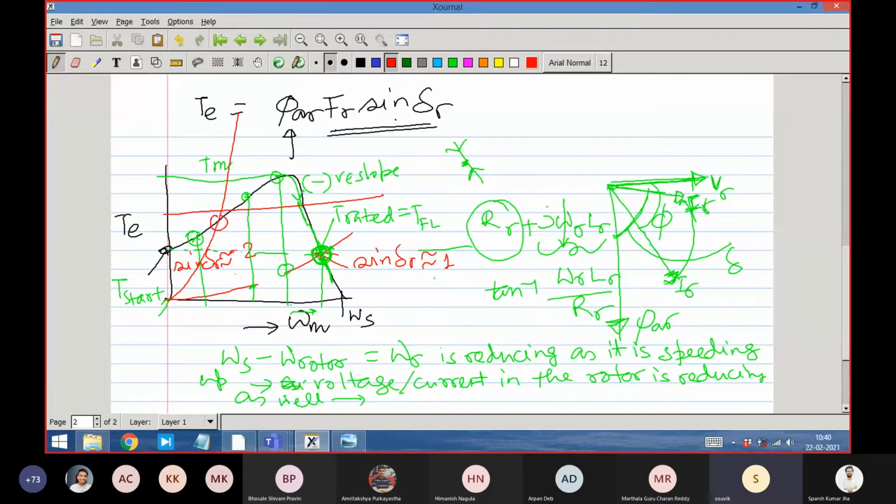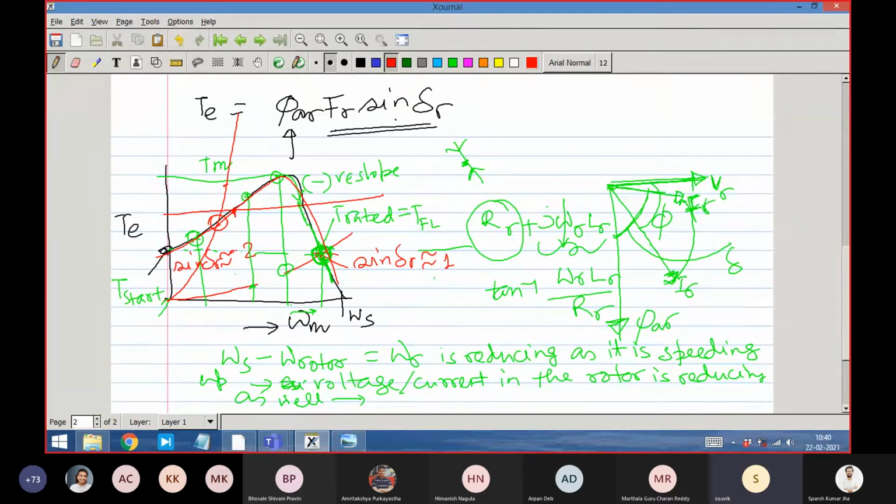It is supposed to work there, but it is not a stable point. So it will not reach there. It will either move and come down to 0 speed. For some reason, if it accelerates and comes here, after that the torque developed is less than the load torque.